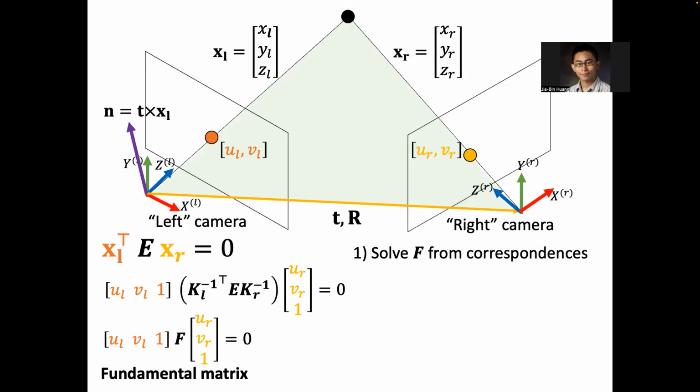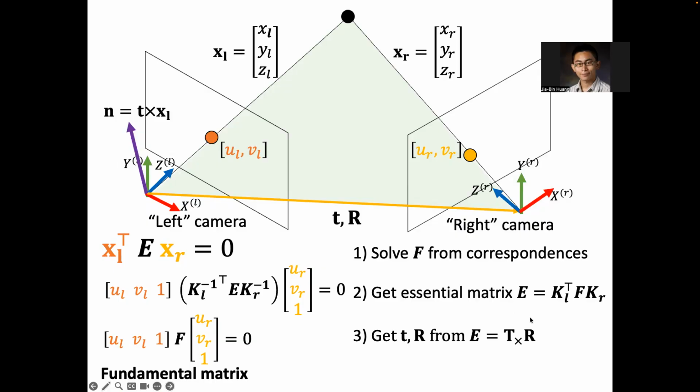All right. So usually this involves several steps to really recover the relative positions, the translation and the rotation between these two cameras. Basically, you solve for F, the fundamental matrix, that's this 3x3 matrix. And then with the intrinsics, you can recover the essential matrix, and then you can get the translation and rotation.